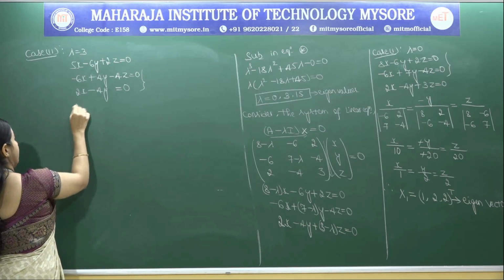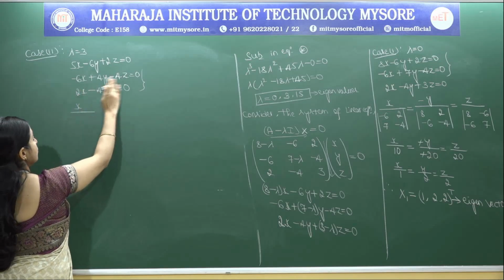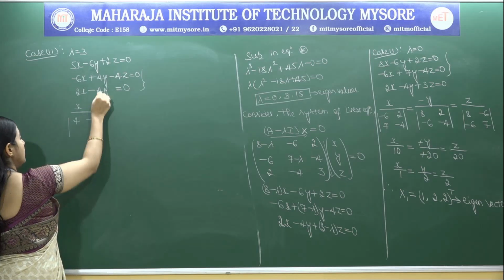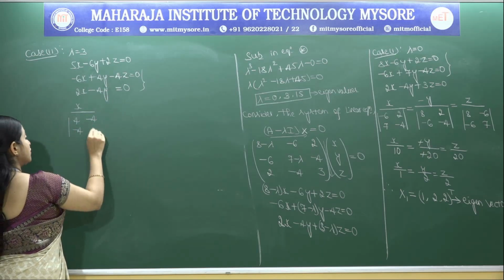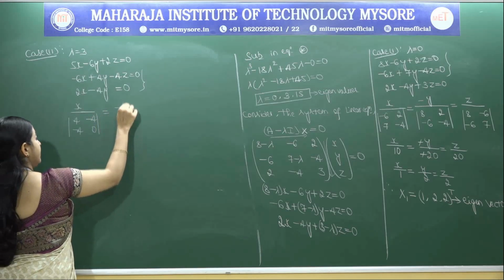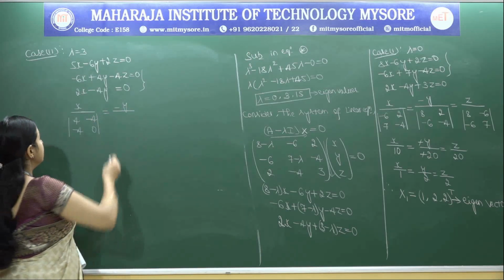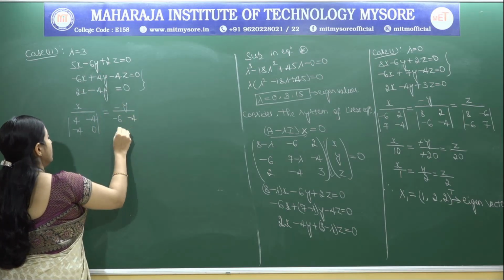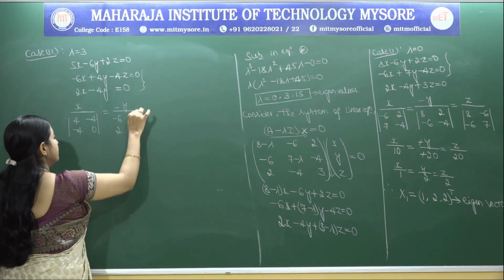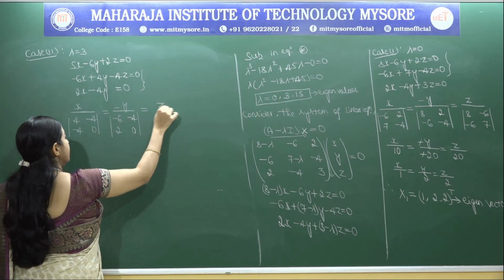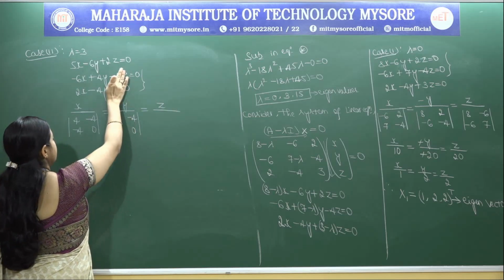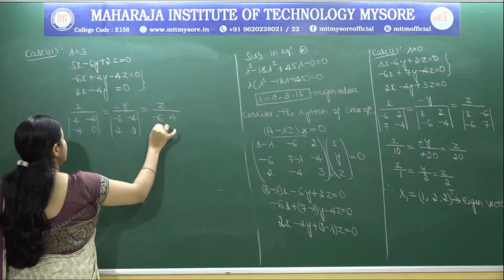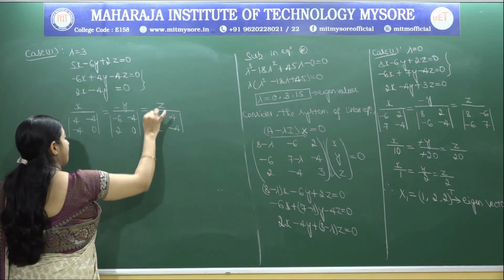So the first one, x divided by, delete these two, take the determinant. Y coefficient is 4, z coefficient minus 4. Here minus 4, z coefficient is 0. Similarly, the second one, minus y divided by, delete this term, minus 6, minus 4, 2 and the z coefficient is 0. The last one, z divided by, delete this and the z coefficient is 0, minus 6, 4, 2 and minus 4.